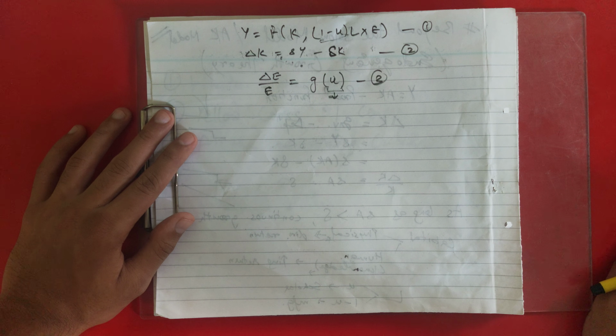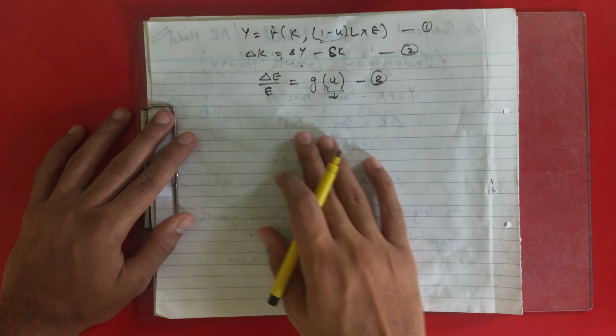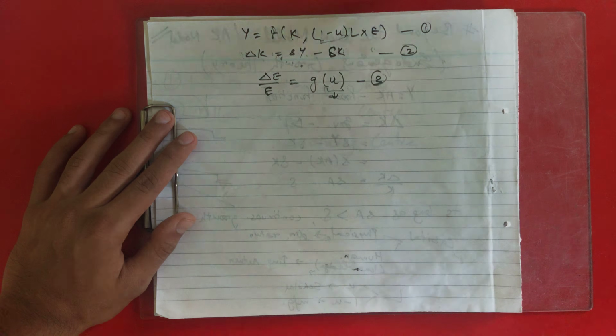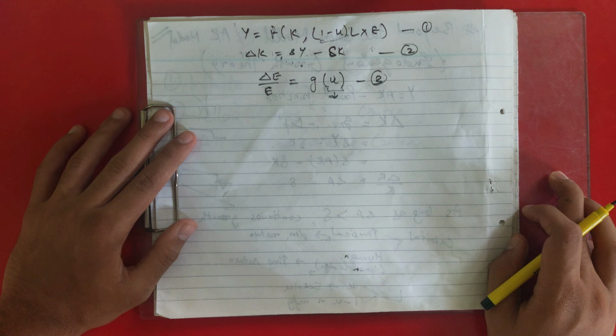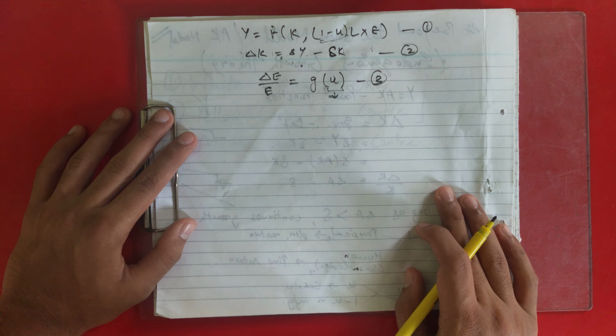Rather, it argues that technological progress is determined by the fraction of the labor force going into universities, and that way it is called endogenous. In the Solow model it was assumed constant, determined exogenously, already given, but in this model we have divided our capital into two parts, physical and human. That is why we are saying that technological progress is determined by the fraction of labor going to universities, and that way it is called endogenous.